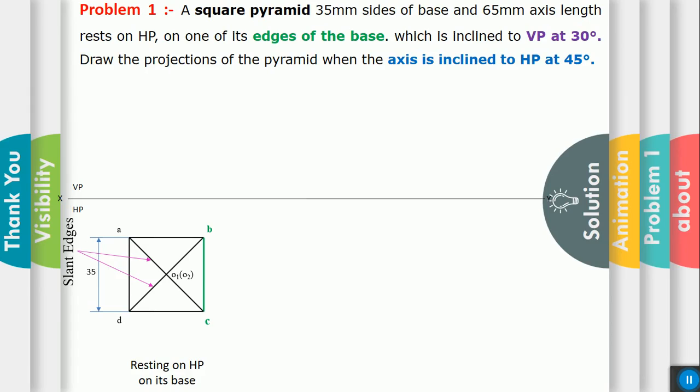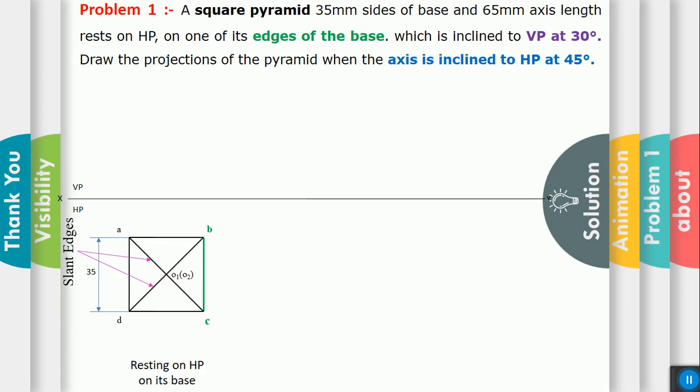Also, we have to draw the top view in such a way that the square pyramid will have one of its base edges, that is edge BC, towards right hand side of the observer, so that in the second position we can tilt the square pyramid such that it will be resting on its base edge BC.